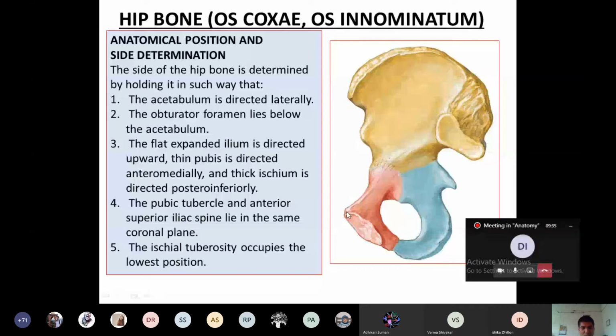When you are keeping it like this, the ischial tuberosity occupies the lowest position. When you maintain all these things while holding the bone, this is called the anatomical position of the bone. With the help of the anatomical position, you can determine the side of the bone.